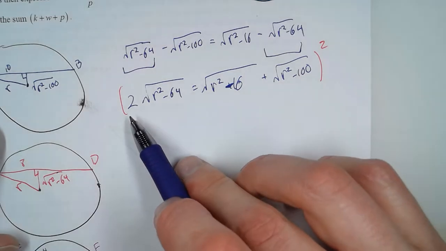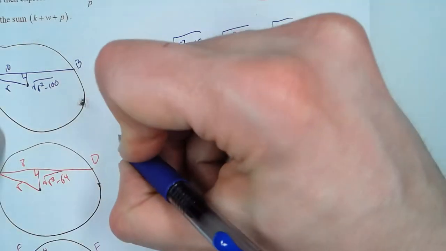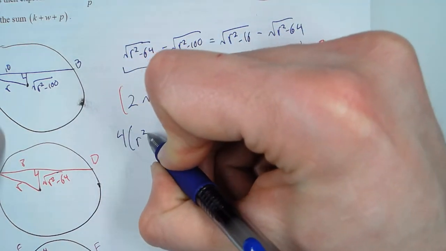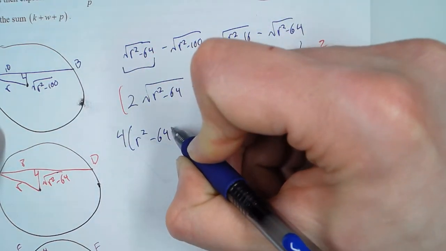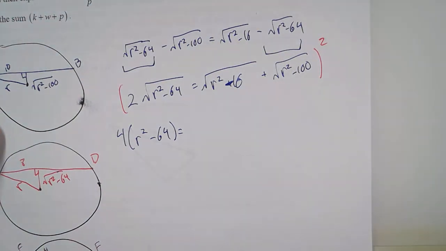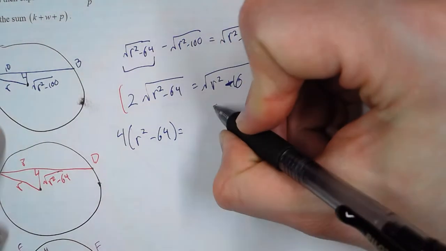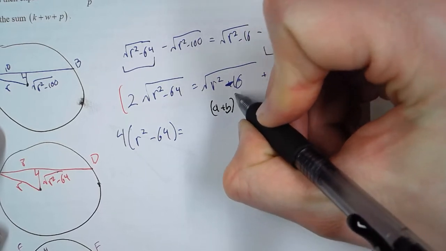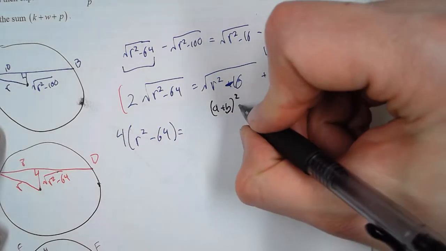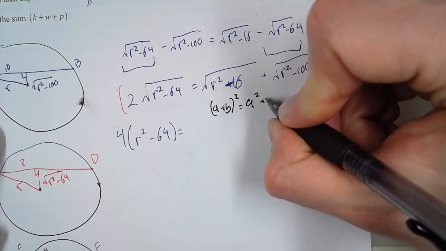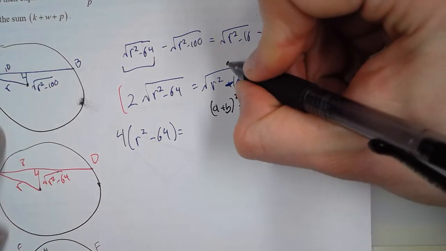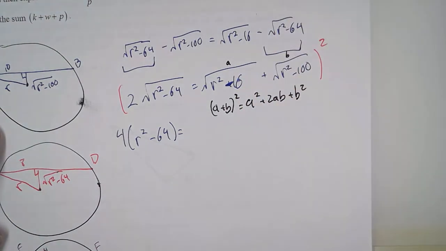Now the left side's pretty straightforward. We square 2, we get 4. We square this, the radical goes away. r squared minus 64. The right side requires a little more work, because what this is, we've got a plus b squared. This is squaring a binomial sum. So this would be a squared plus 2ab plus b squared, where this is a and that's b.